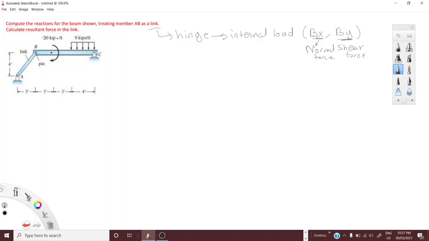Calculate the resultant force in the link. So we need the By and Bx of this link.